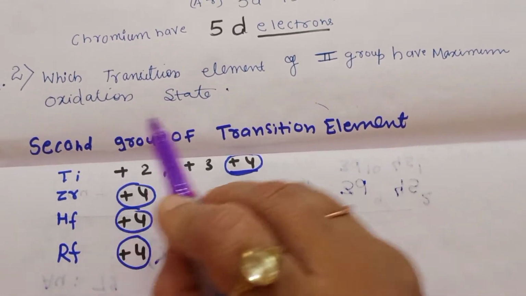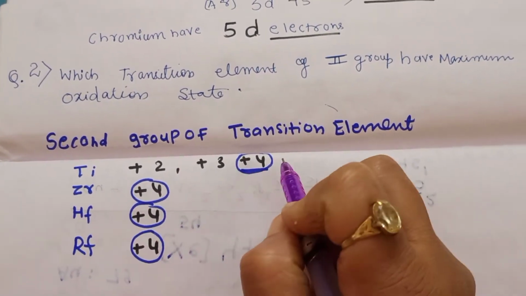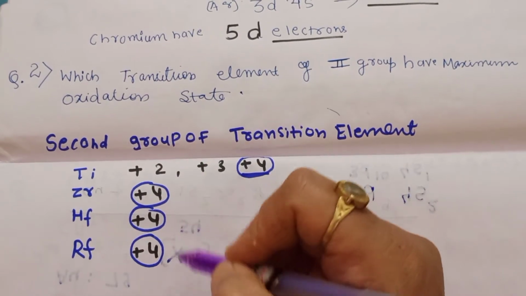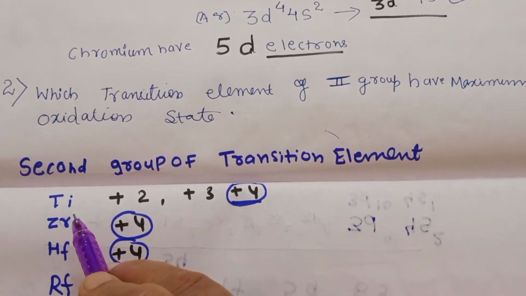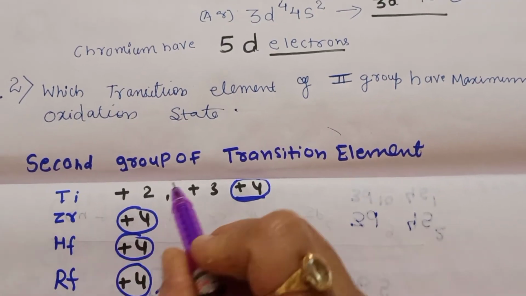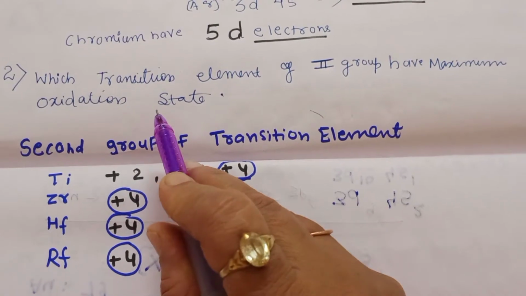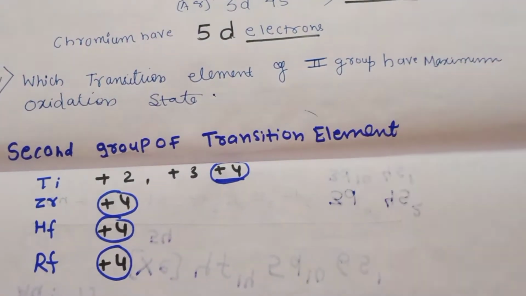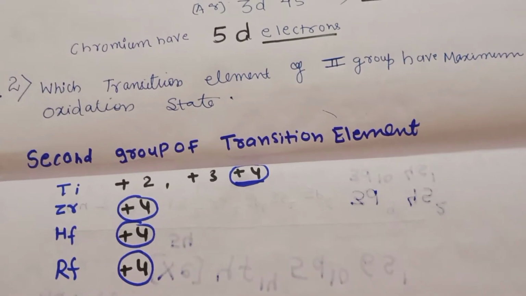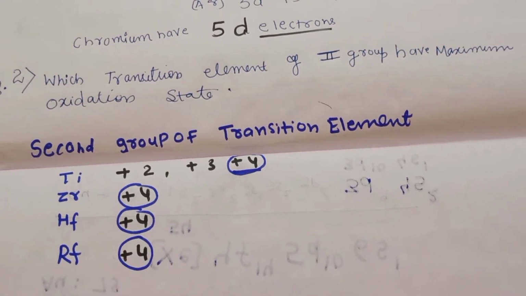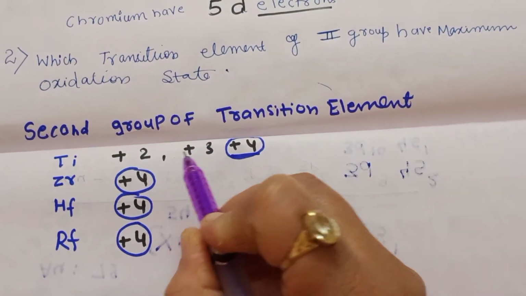When we see the oxidation states, they can have +2, +3 and +4. But among these elements, the maximum number of oxidation states is in titanium. If they are asking which element has the maximum oxidation state, they have not given the maximum number. So titanium has 3 oxidation states, that is +2, +3 and +4.